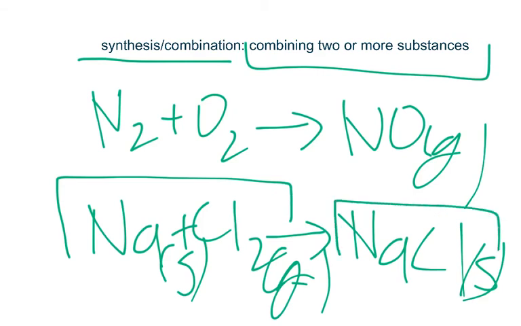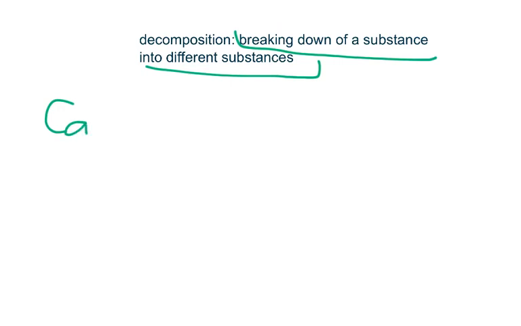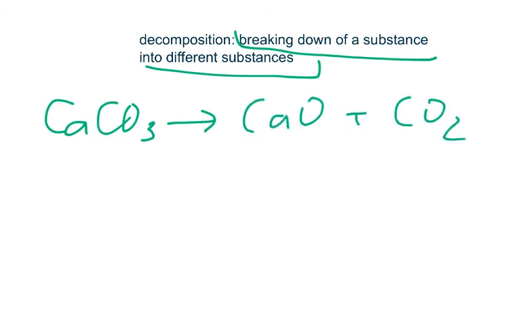Now let's look at our third type of reaction, which is the opposite of a synthesis reaction. This is when a substance breaks down into different substances. So for example, if we broke down calcium carbonate, we would get calcium oxide and carbon dioxide.